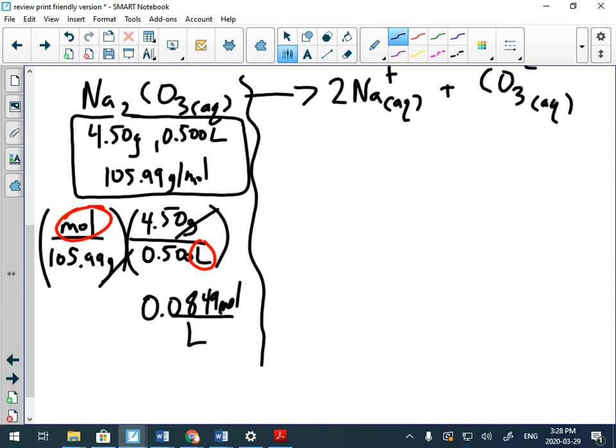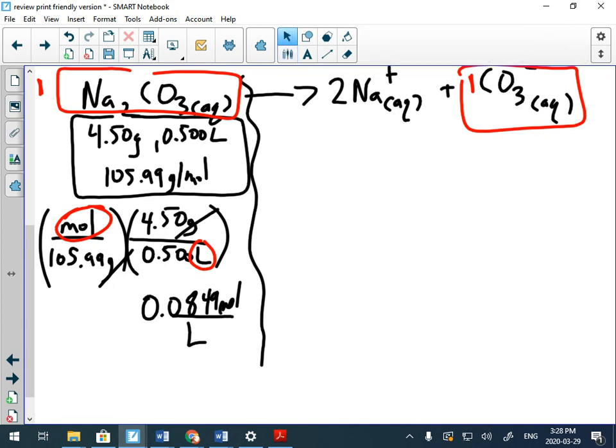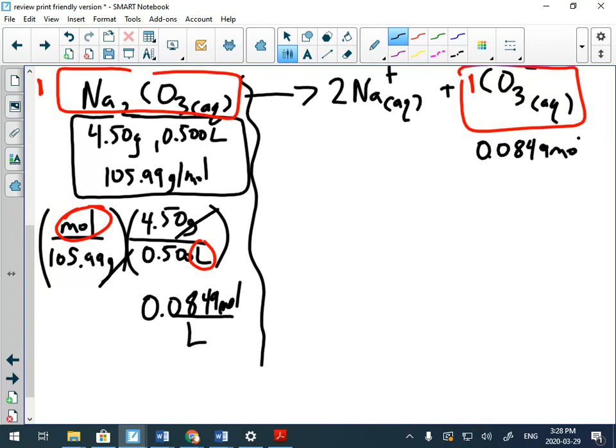That's not the concentration of the ions. But if we look, which one of these compounds is a 1-to-1 ratio with each other? If you said the sodium carbonate, because it's balanced for 1, and the carbonate, which is balanced for 1, then the concentration of things that are the same is the same. 0.0849 moles per liter.